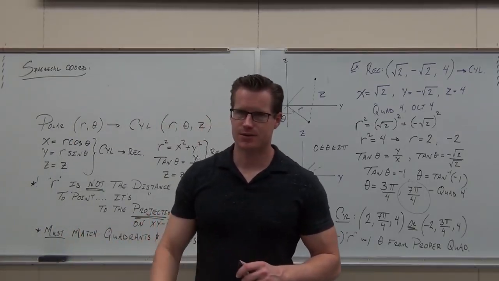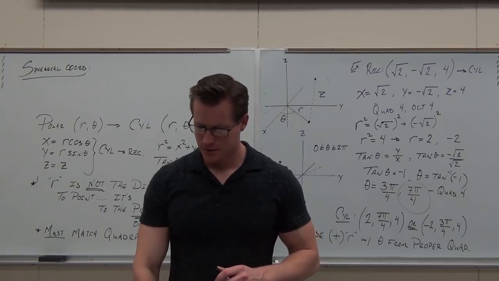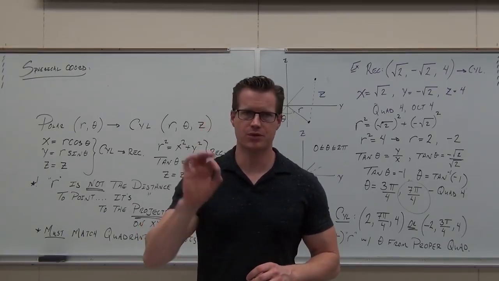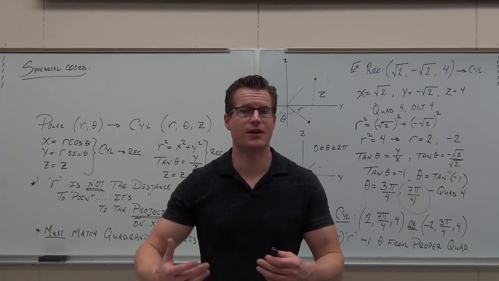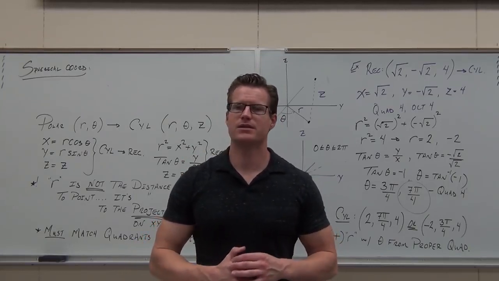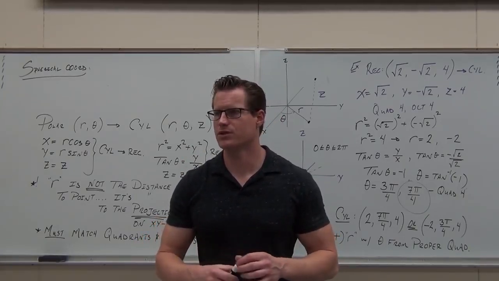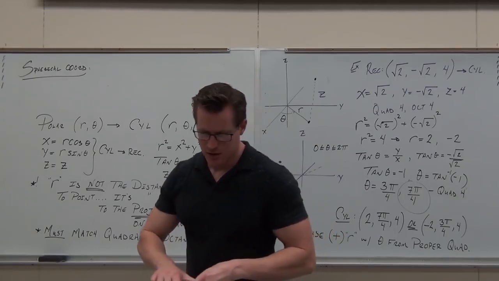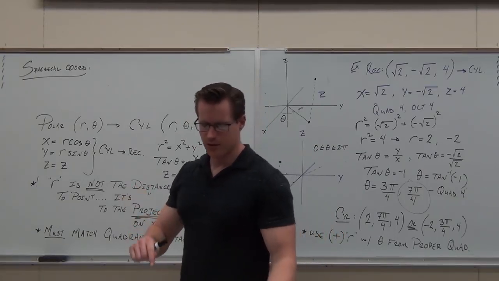Spherical does use the distance from the origin to the point. And it defines it not as r because that's not what that means. It defines it as this thing called rho. That's Greek for r, so it talks about radius.